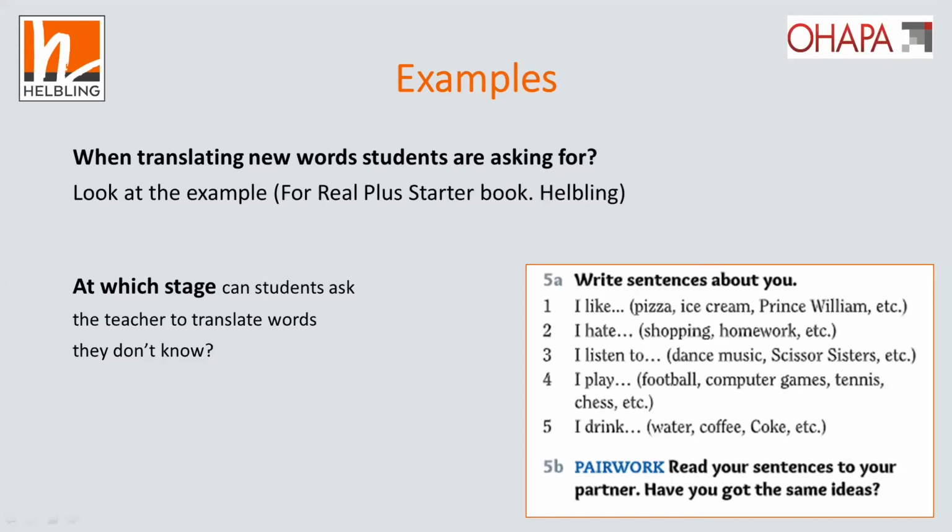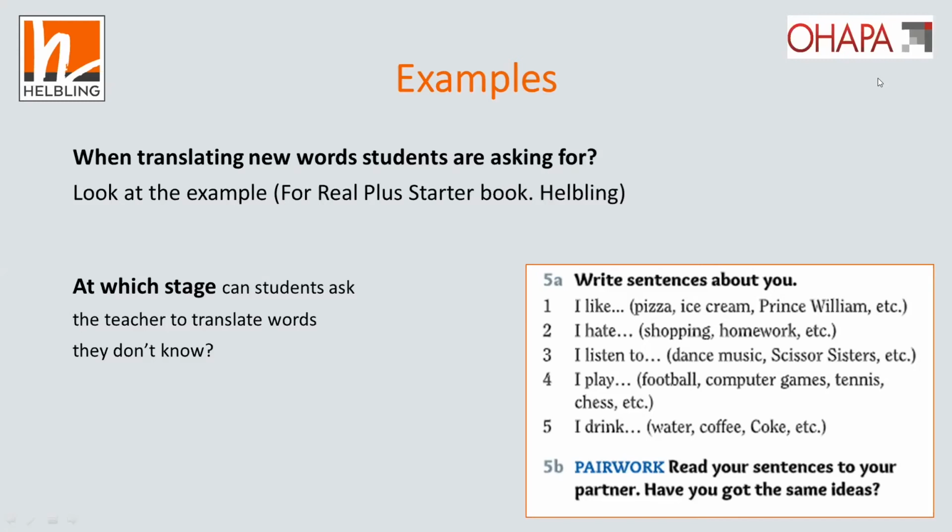Maybe at this stage, yes, students may need to talk about something abstract, but as this is an elementary level, okay, proper nouns. Prince William. Yeah, or just a different name.